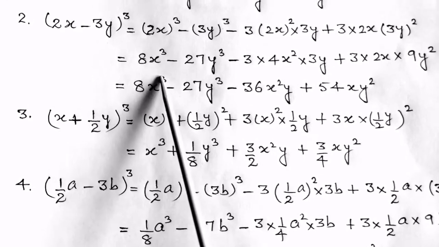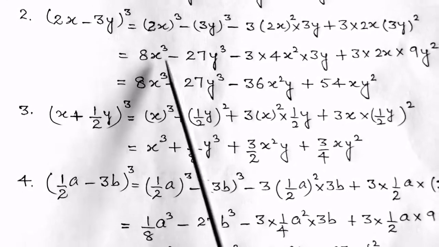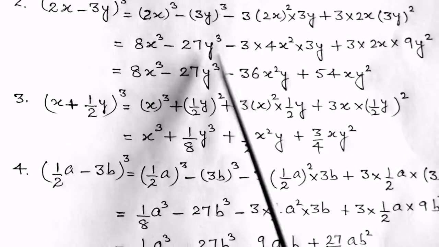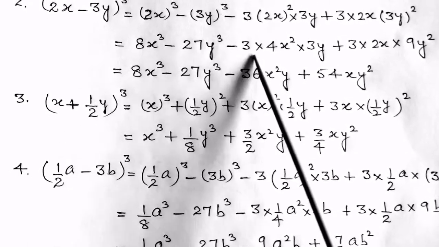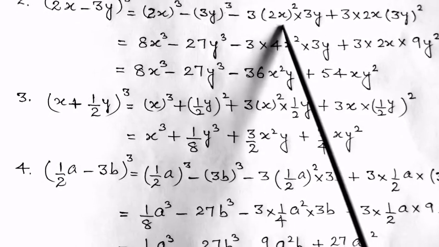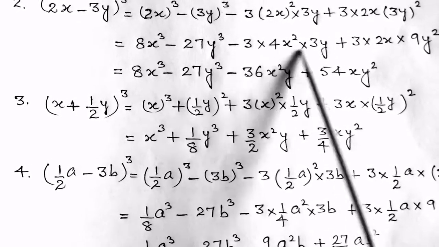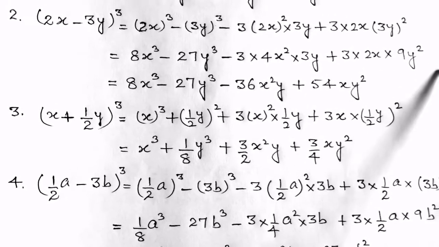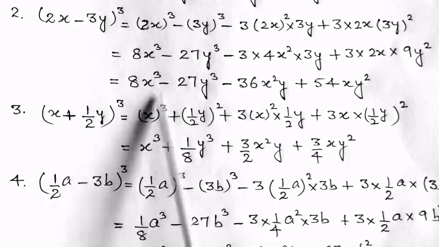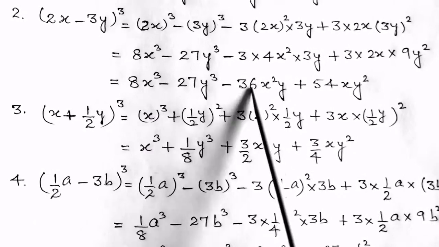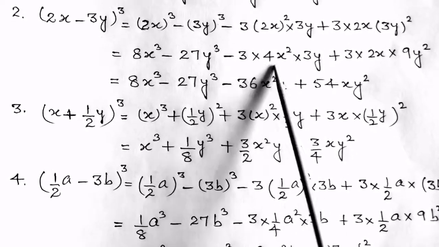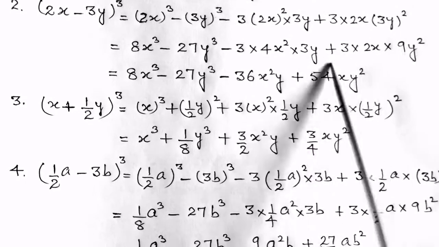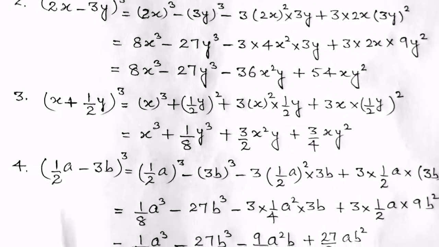So we have 8x³, cube of 2 is 8, minus cube of 3 is 27, so 27y³, minus, square of 2x becomes 4x², so 3 into 4x² into 3y, plus 3 into 2x into 9y². So if you simplify it further, these two as it is, minus 3 fours are 12, 3 nines are 36x²y, plus 54xy².